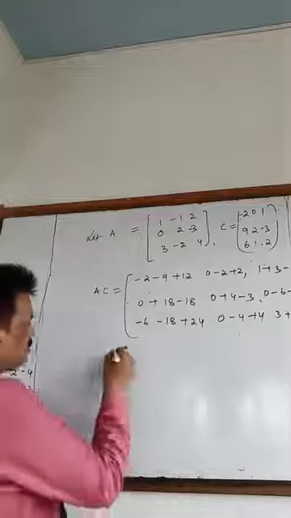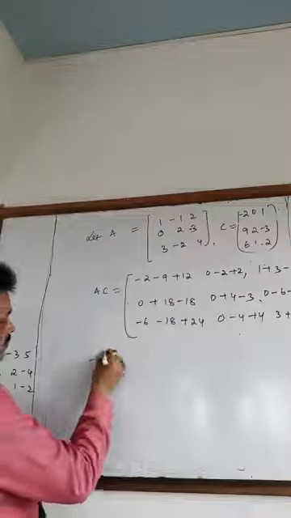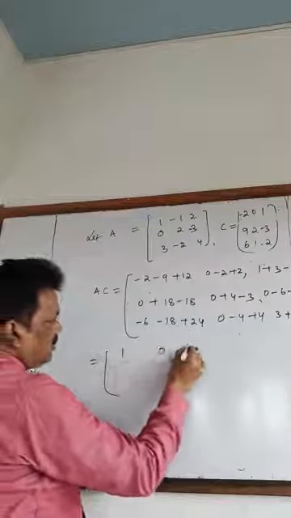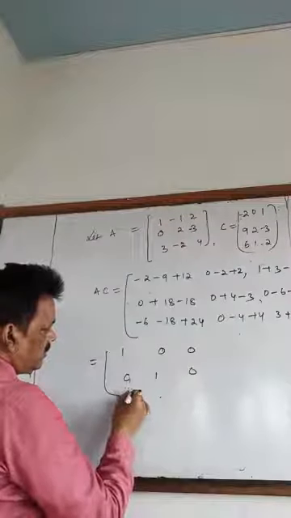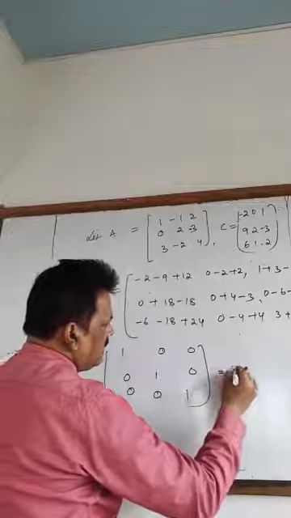So what did you get? It is 1 0 0, 0 1 0, 0 0 1. So this is what? This is your identity matrix.